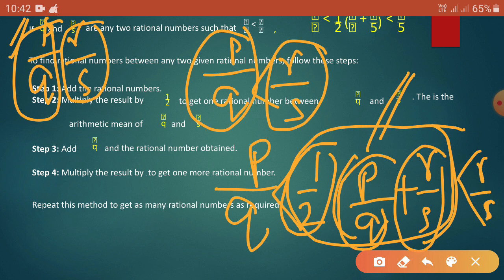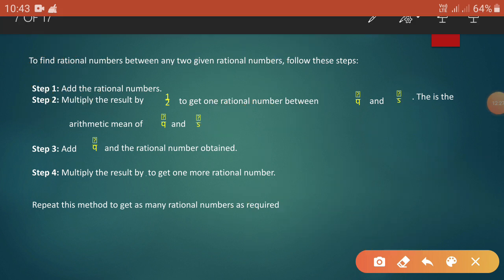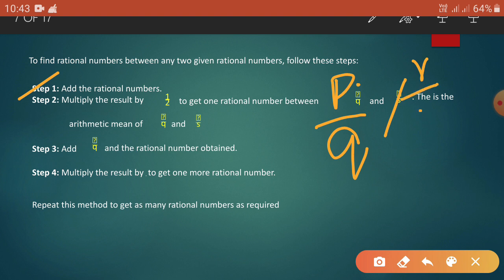The steps are: number 1, add the rational numbers. Number 2, multiply the result by 1 by 2 to get one rational number between p by q and r by s.